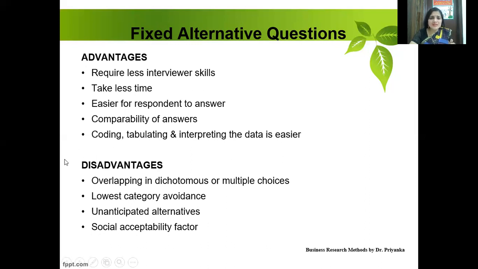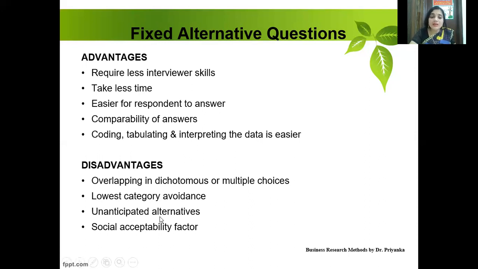But it has certain disadvantages. One is overlapping in dichotomous or multiple choice questions. Yes, we have discussed overlapping in dichotomous or multiple choice questions. We can avoid them with the help of proper pre-testing. Then lowest category avoidance, yes, it happens. Generally, people tend to reply here also to impress the interviewer sometimes.